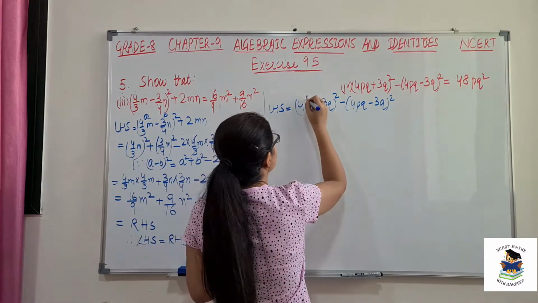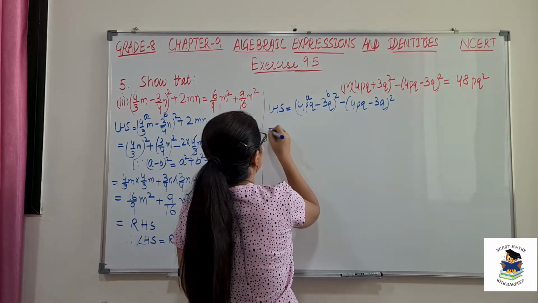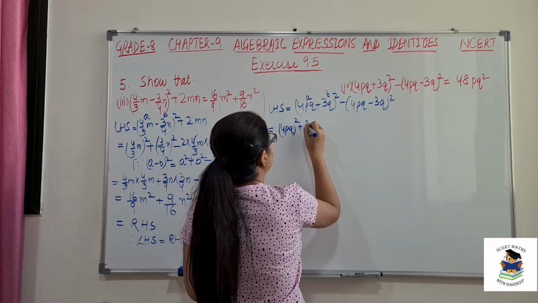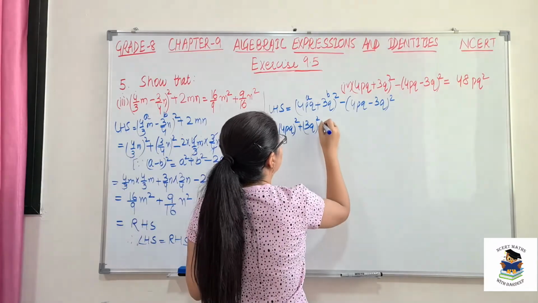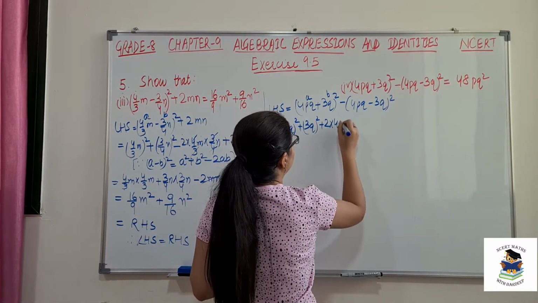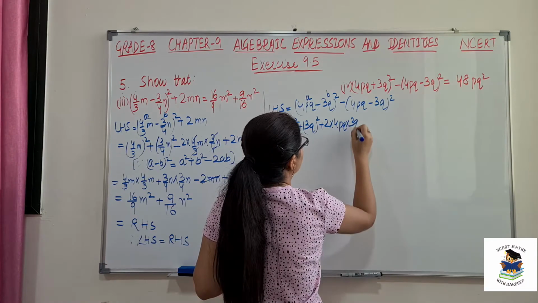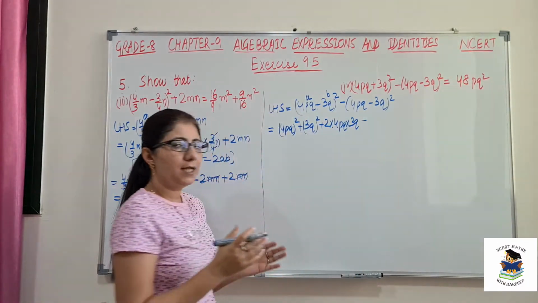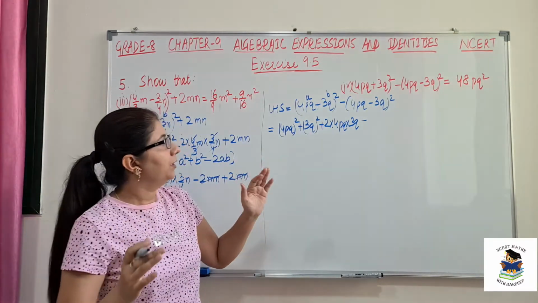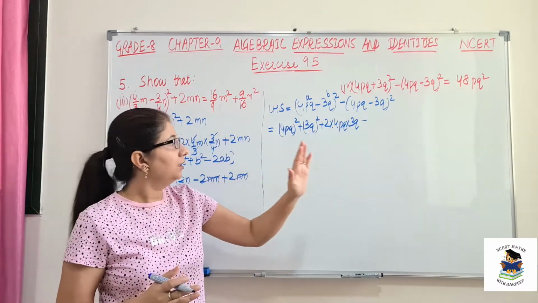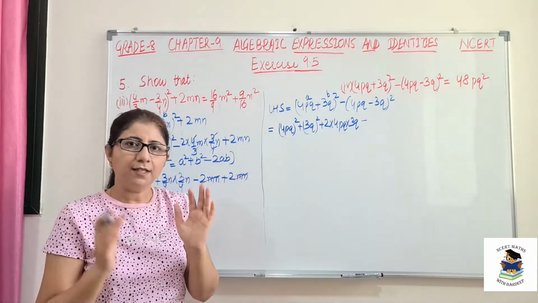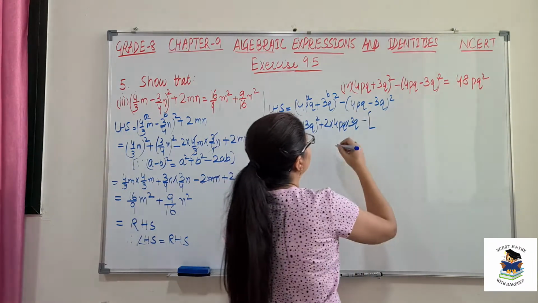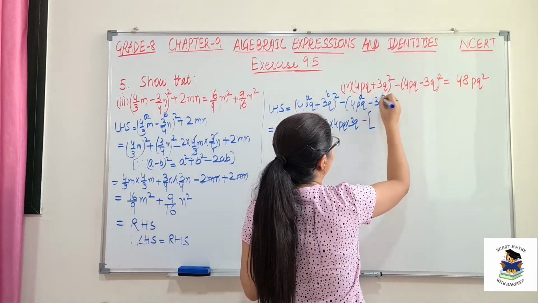So first one is this is a, this is b, (a plus b) whole square. (A plus b) whole square means a square plus b square plus 2ab. Okay. So next minus sign, again we have minus sign, so we will put big bracket so that we need to change the sign of each term inside the bracket in the next step. So here we can put bracket. This is (a minus b) whole square.